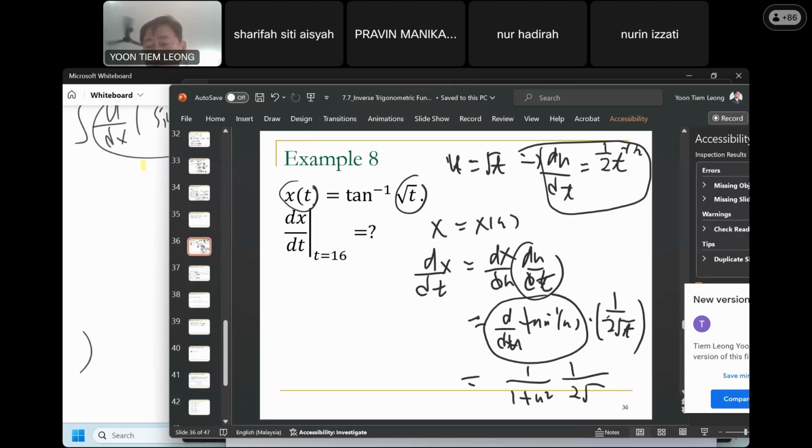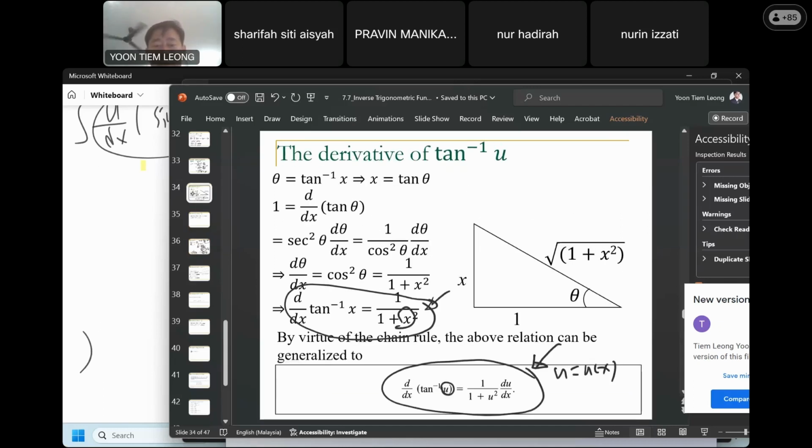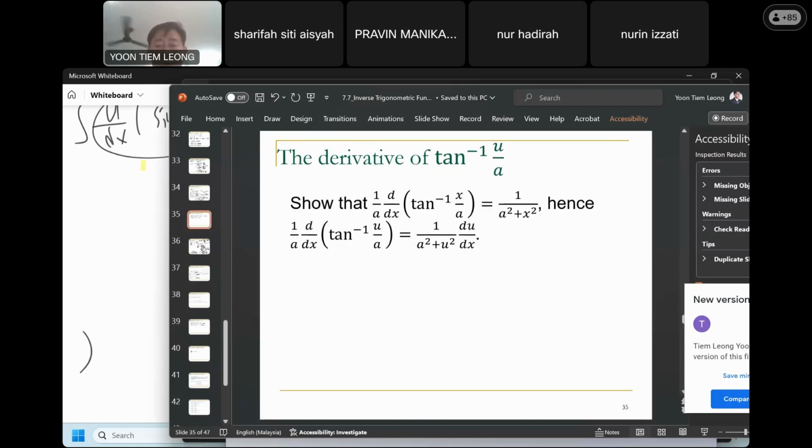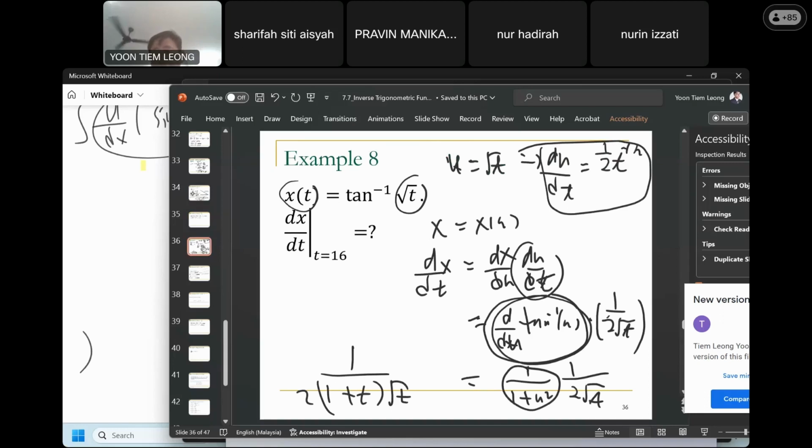Here you have 2 square root of t, where you just replace the u squared by t. Then you have a square root of t, you have a 2, where I have made use of the fact that d/du of arctangent of u is 1 over 1 plus u squared. So this is the result that is obtained from this very simple rule. So that finished example 8.